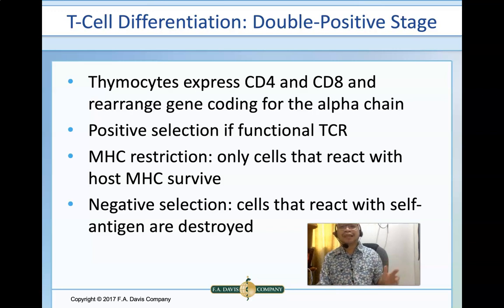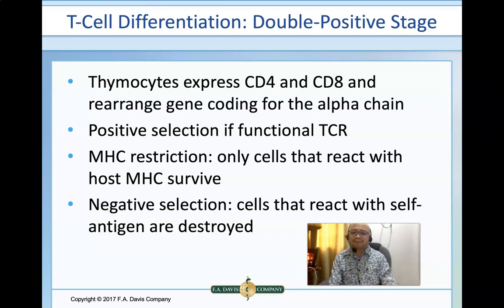So thymocytes, being young cells of our thymus, would have the capability to express either CD4 or CD8, and they also have the capability to rearrange the gene coding for the alpha chain. Okay, so positive selection occurs if the TCR is functional.